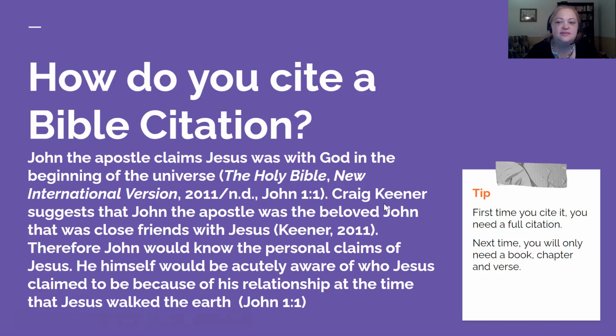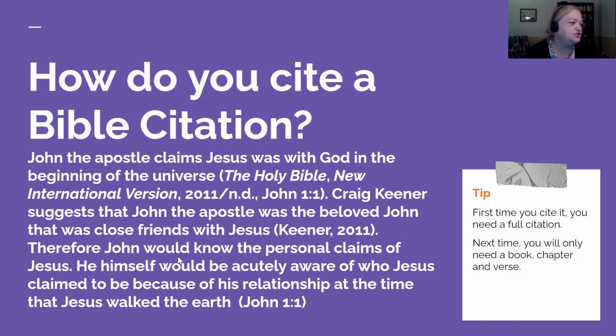Okay. And then I used an example about the commentary, because you're going to use one of the commentaries in week 4. And then I say, Craig Keener suggests that John the Apostle was the beloved John that was close friends with Jesus. And this is the correct way to cite the IVP New Testament commentary from Craig Keener in the book of John.